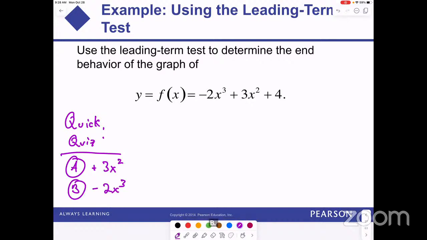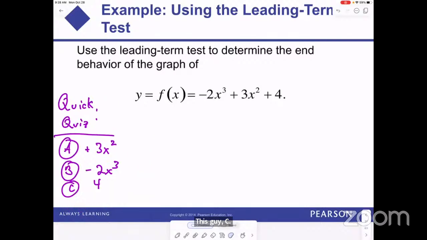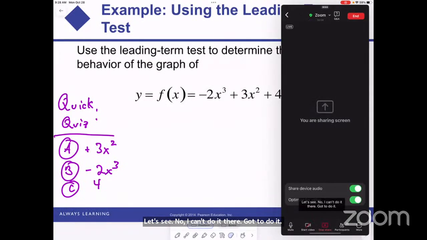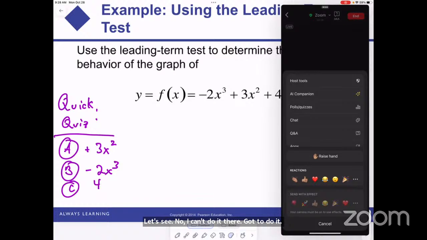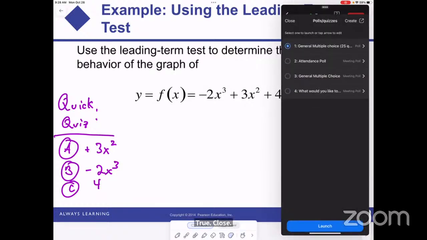C, this guy. All right, so what I'm gonna do, let's see, no, I can't do it there. Let's see, polls and quizzes. Not the 25 question one.